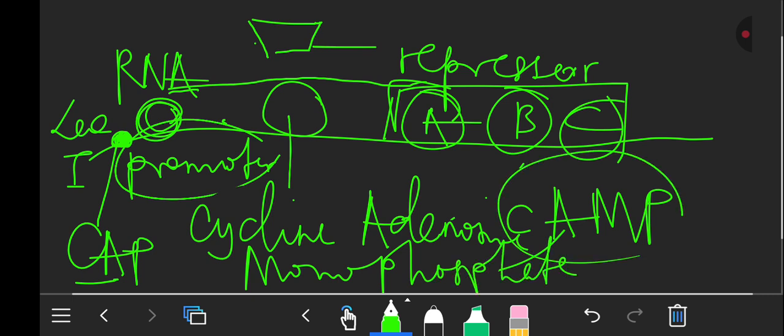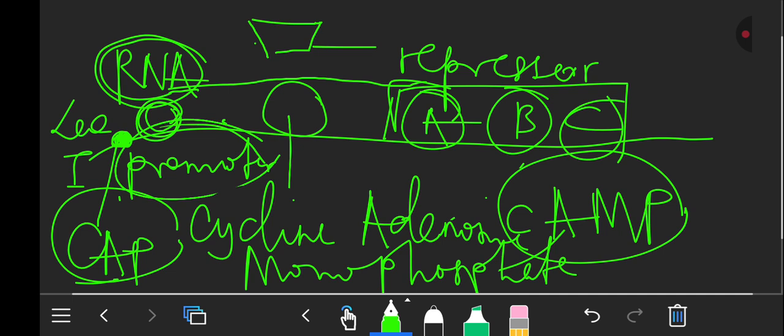So this cAMP, the cyclic adenosine monophosphate, will activate this CAP so that this CAP can make the RNA polymerase bind effectively to the what? To the promoter, hence increasing the rate of what? Transcription.